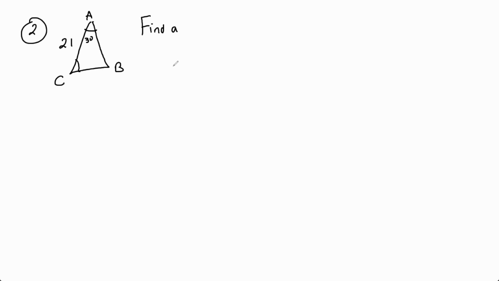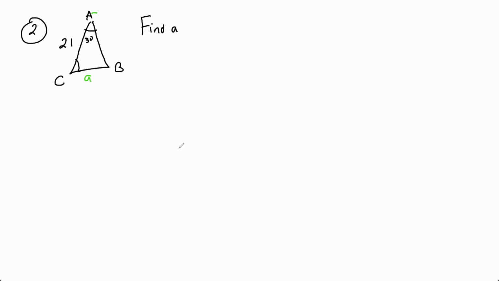All right. Number 2, we need to find A. So first, let's identify where would A be on our triangle. Oh, here's angle A. So opposite of that is little a. I had a couple people ask me in class, is there something missing, or did you forget to draw or add some information?